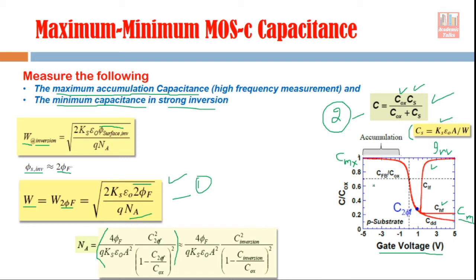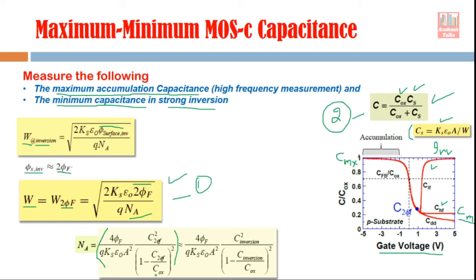C ox is your maximum capacitance, because the highest capacitance here is named the oxide capacitance. This capacitance plotted on the y axis is the normalized capacitance, because it is divided by the oxide capacitance. So if C by C ox is 1, it means C is equal to C ox, because C ox is your maximum capacitance.